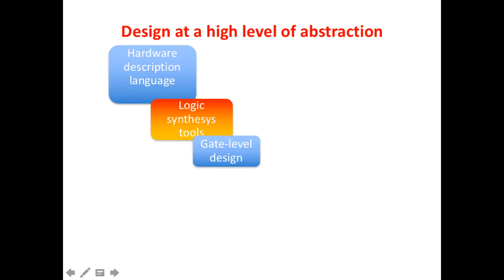Once you have a gate level design, then you can use so-called placement and routing tools in order to place all the standard cells corresponding to each gate you need onto the silicon die, and also start to place the routing, the interconnections between the gates, the interconnections between the output of one gate and the input of the following gates.